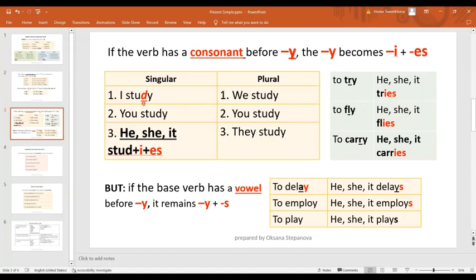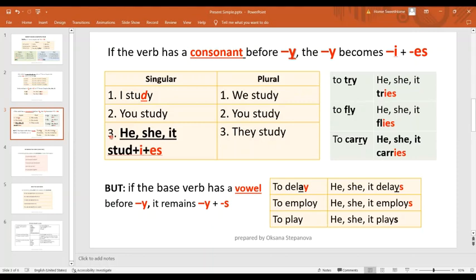And if the verb has a consonant before Y, Y becomes ies. So there will be no Y anymore. When? Only here, only in third person singular.